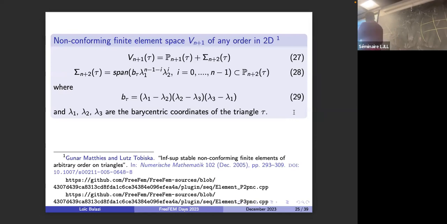And in FreeFem, the case n equal to 1 was already implemented. It was called element P2 PNC. But we have implemented with Frederic Hecht the case n equal to 2. And it is called the element P3 PNC. And this finite element is a stable pair for the Stokes equation, so you can use it by loading it directly.